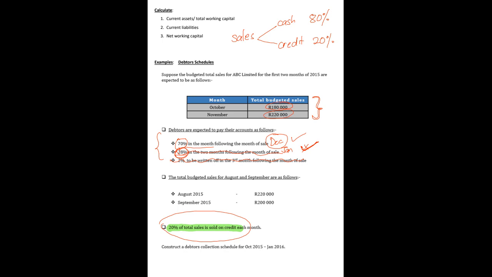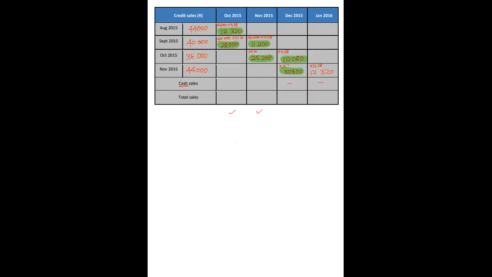So here you can show the working out if you'd like: 180,000 times 80%, and that is 144,000, and then 220,000 times 80%, and that is 176,000.